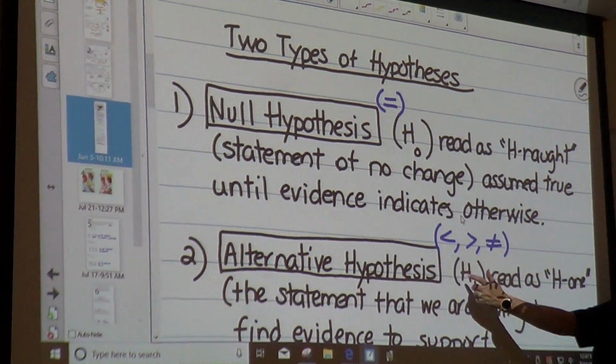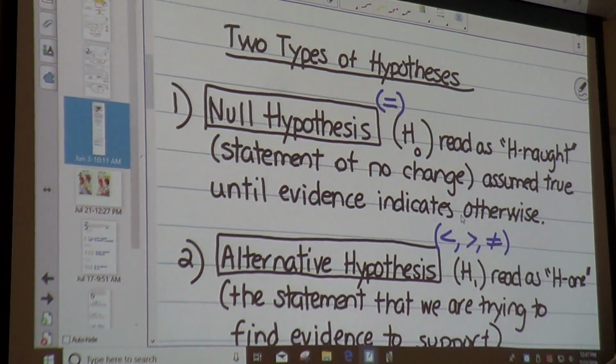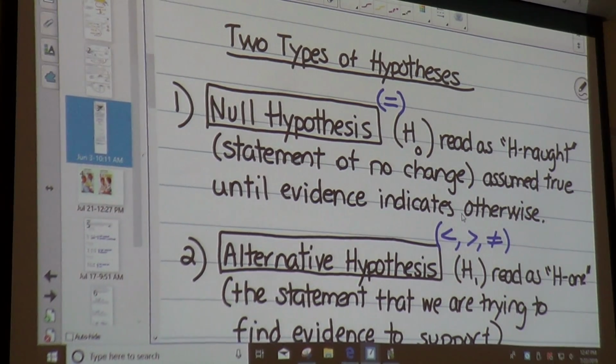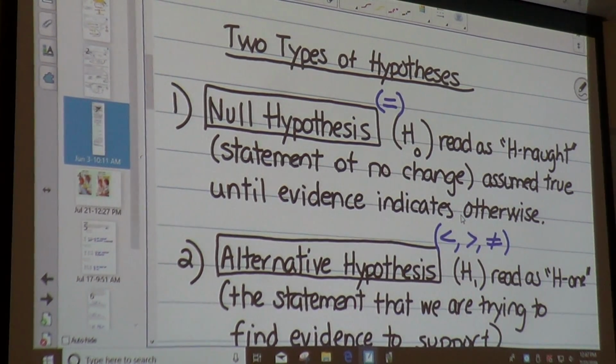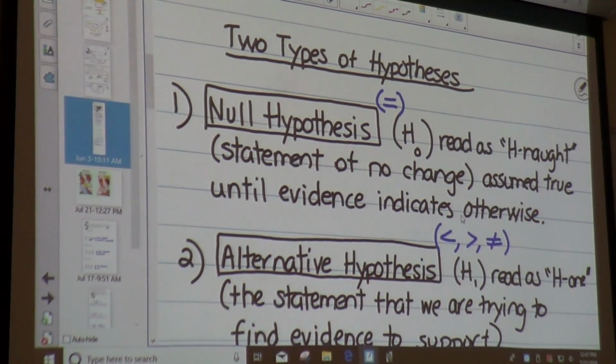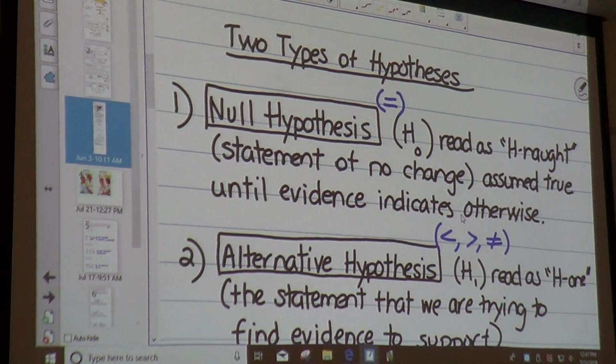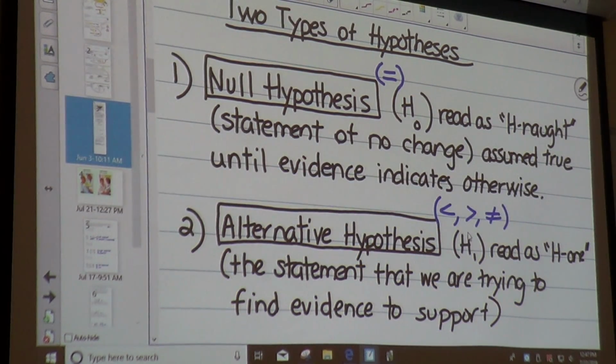That is what we call H1. So we have H naught and we have H1. This is the one that we are trying to find evidence to support. Your H naught is always equal. Your H1 is either going to be a less than, a greater than, or a not equal to. The problem will let you know. And in this section, all we're going to do is practice writing H naughts and H1s.